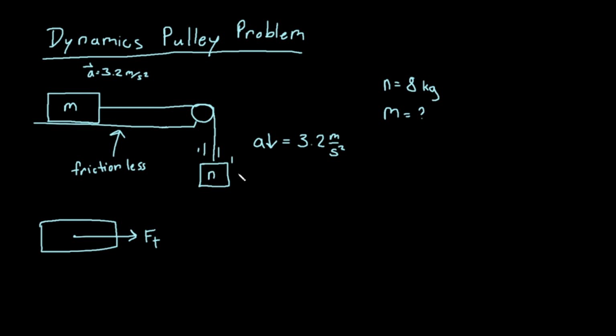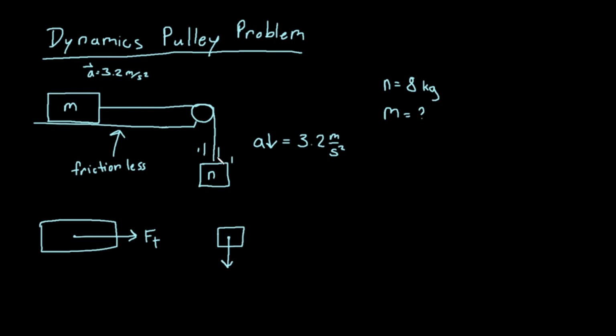Mass n is accelerating downwards, which means it has a force of gravity acting downwards, and its force net is also acting downwards. So let's draw a quick free body diagram of n. If it's accelerating downwards, it means force of gravity has to be greater than its opposing vertical component.